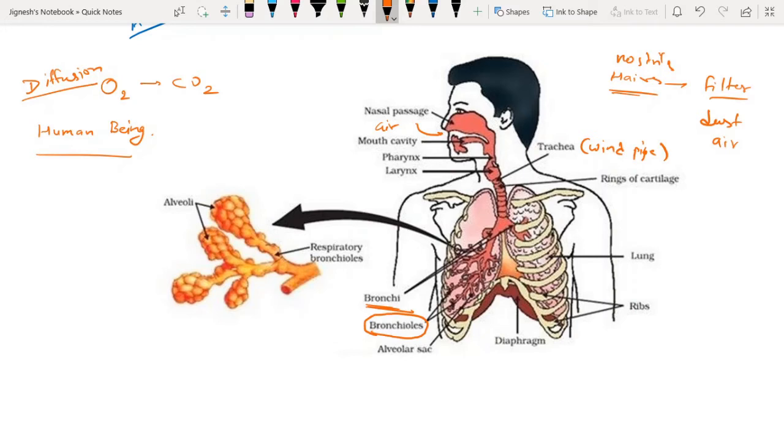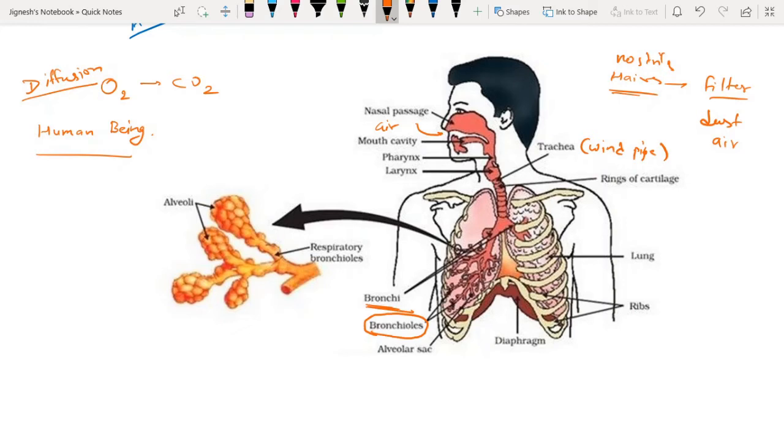The air passing through the nostrils is filtered by the fine hairs. Nostrils have hairs, and these hairs filter the dust particles that come along with the air. The nasal passage also contains mucus. From here the air goes to the throat, the pharynx, and then into the lungs.